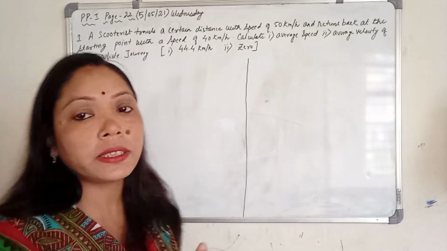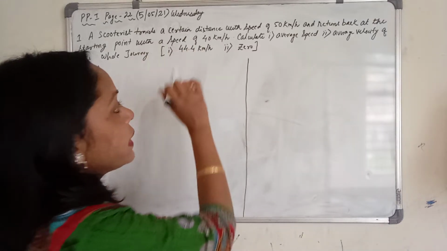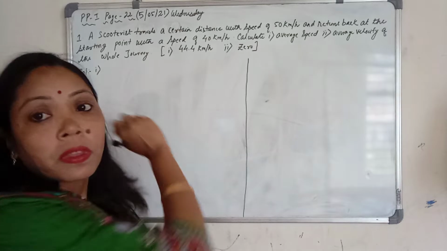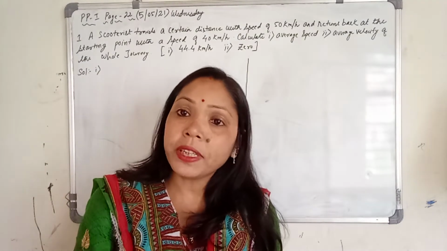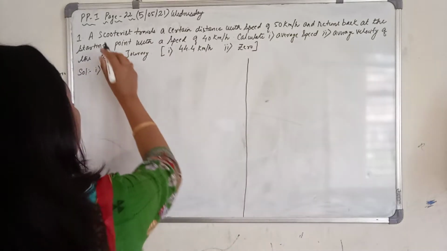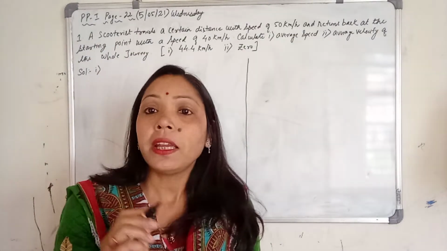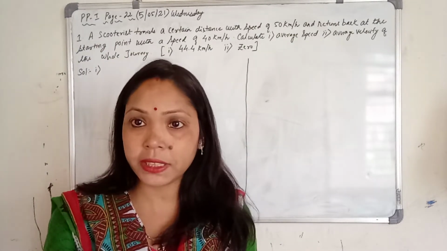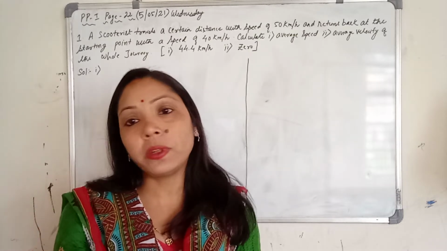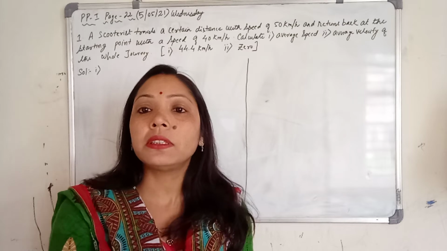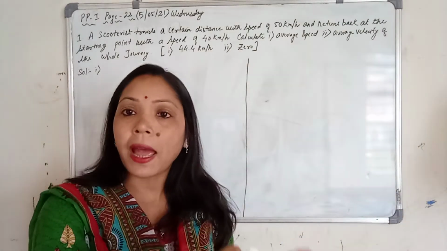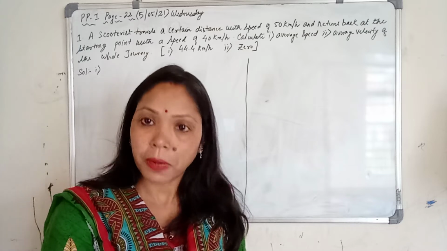So what will the total distance be? If we take the distance traveled by the scooterist as x kilometer, then we can find the total distance easily because the scooterist returned on the same path.